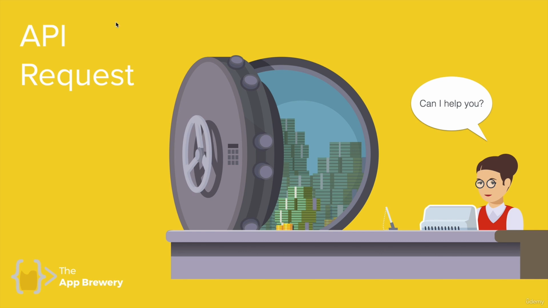But you can also go into the bank and ask the bank teller for things that don't require any form of authentication. For example, you can say, well, what are your opening hours? And this is the equivalent of making a very, very simple GET request, where you just try to get a piece of data from a website using their API.